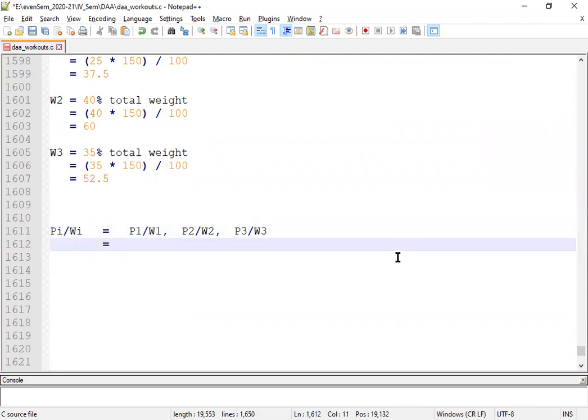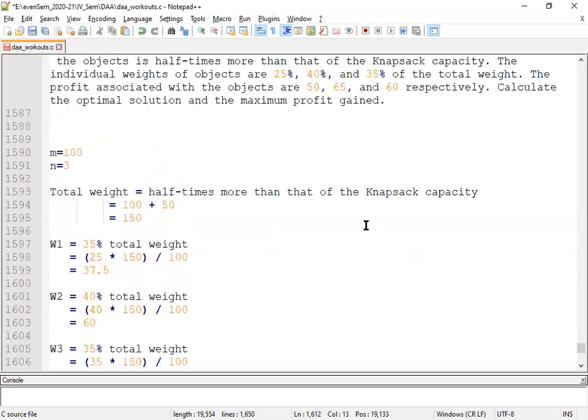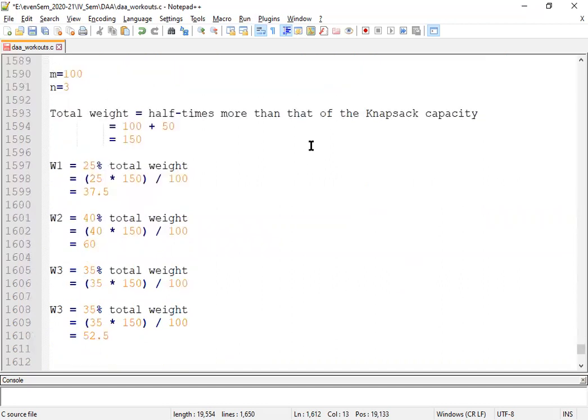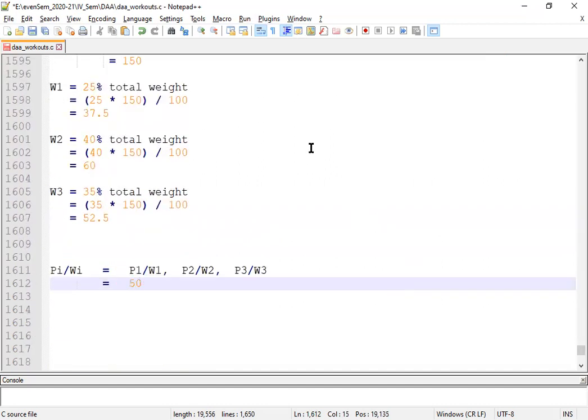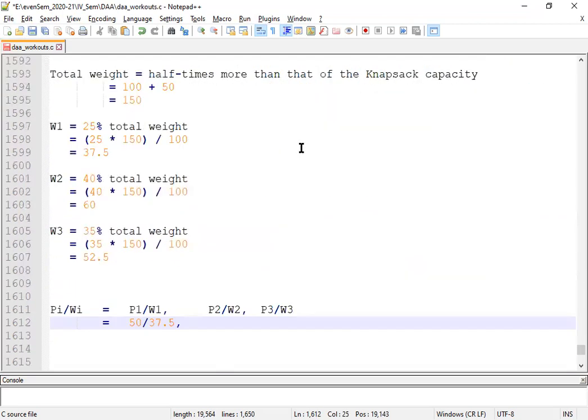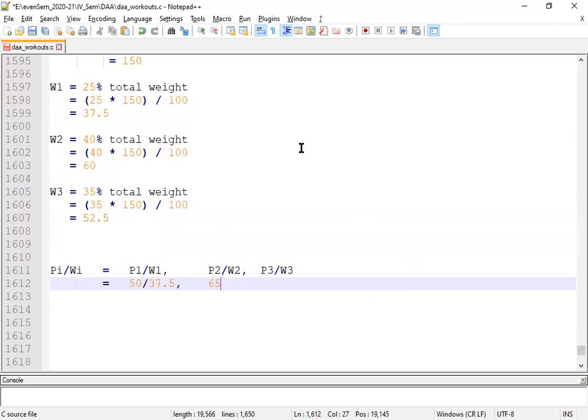Now P1, the profit of the first object here, is 50. So 50 divided by W1. W1 is 37.5, right? Then P2 is 65. 65 divided by W2, that is 60.